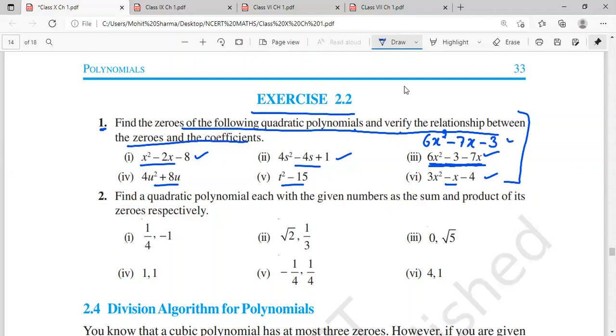First you will rewrite like this and then you are going to factorize it. Secondly, the fourth part. Now in the fourth part, if you see here, you are having only two terms there.